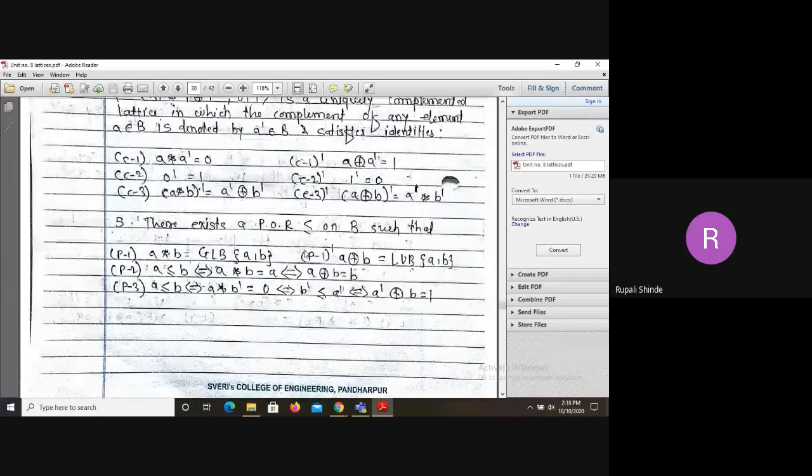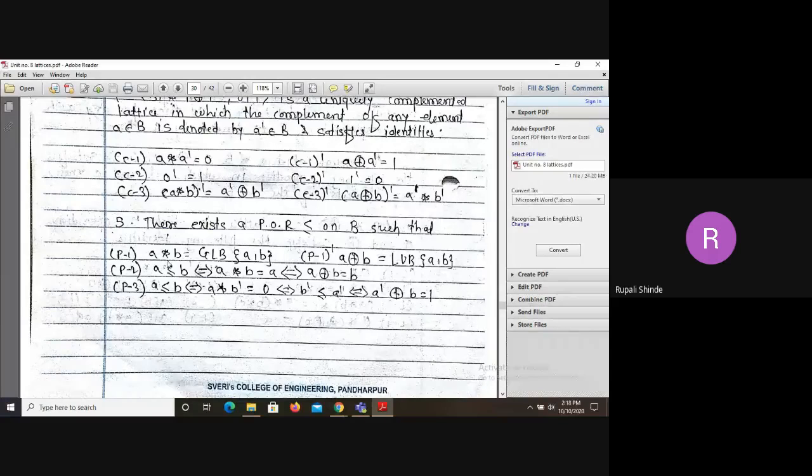Now this is the last property of Boolean algebra. So there exists a partial order relation, less than or equal to, on B such that P1, P2, P3, these are three identities. P is for partially ordered relation, and there are three properties, denoted by P1, P2, P3.